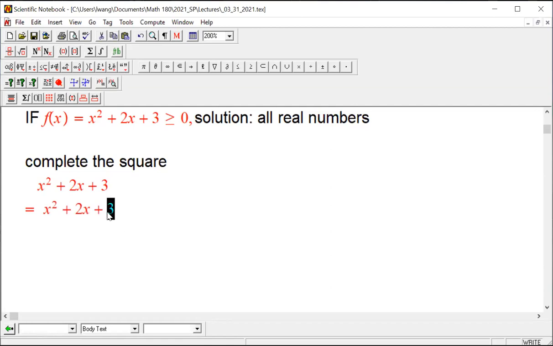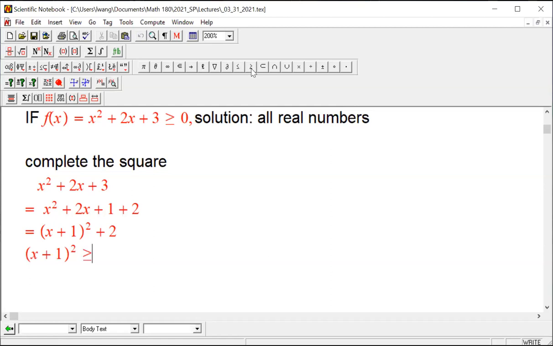If you split the 3 into 1 plus 2, or you can add 1 and subtract 1, whatever you do, you have (x plus 1) squared plus 2. Do you guys see that? This guy is a perfect square.